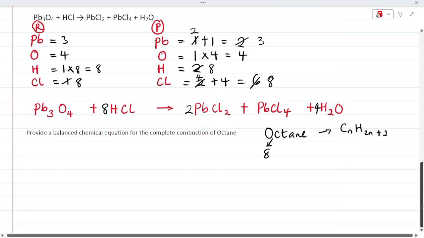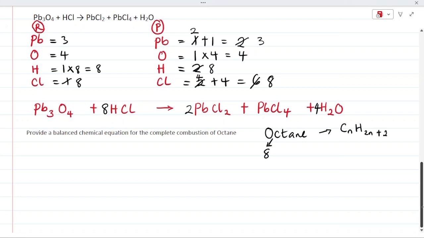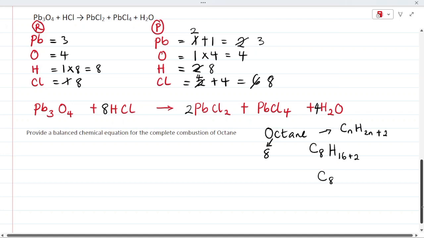So even if you don't know organic chemistry yet, oct from irregular mathematics means 8. So that means our n is basically 8. So we have C8H, 2 times 8 is 16 plus 2. So therefore we have C8H18.